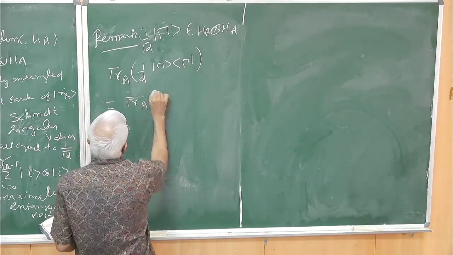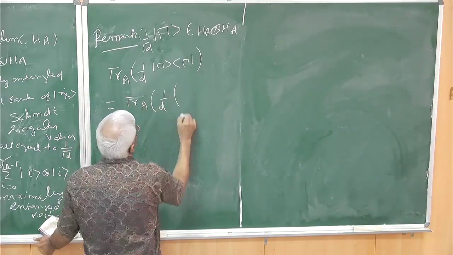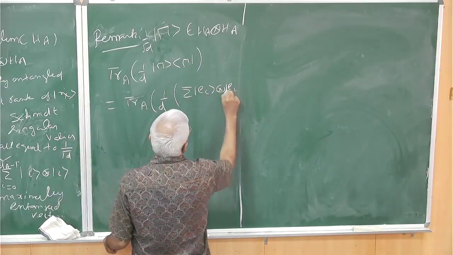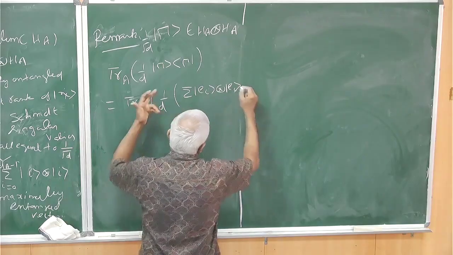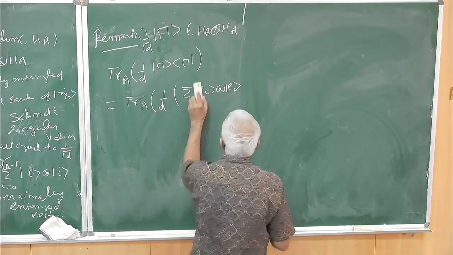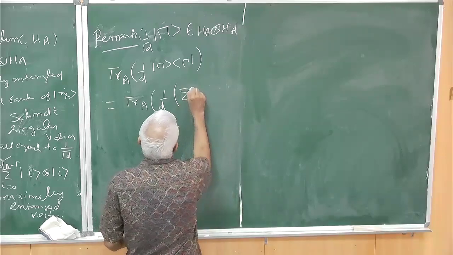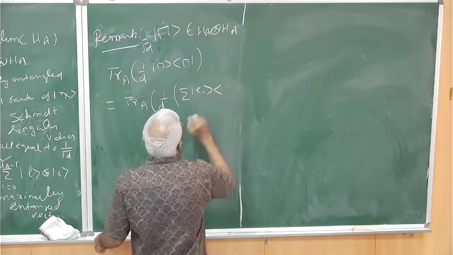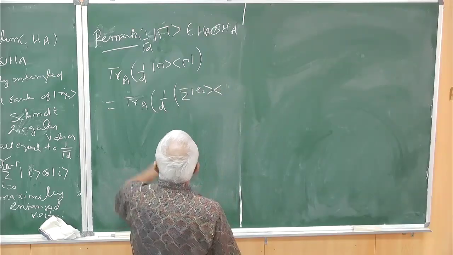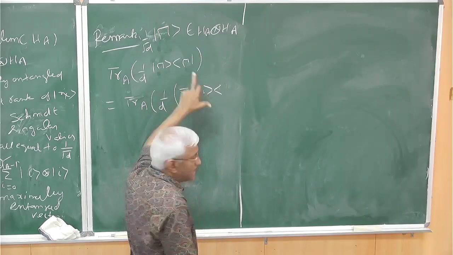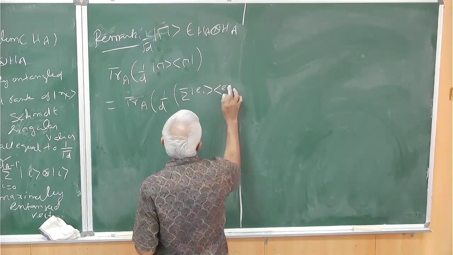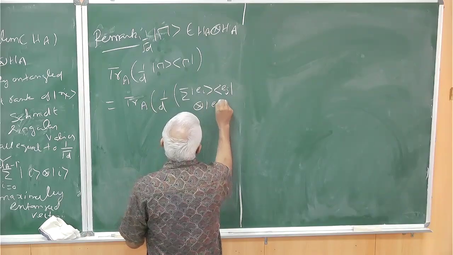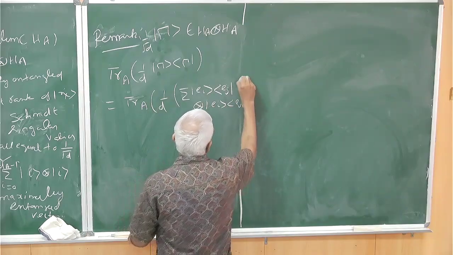Trace A of 1 by d times the summation of EI tensor EI with EJ tensor EJ. So it will be EI, EJ tensor EI, EJ, right? This is what we get, right?